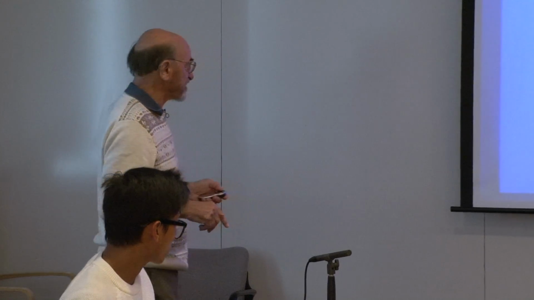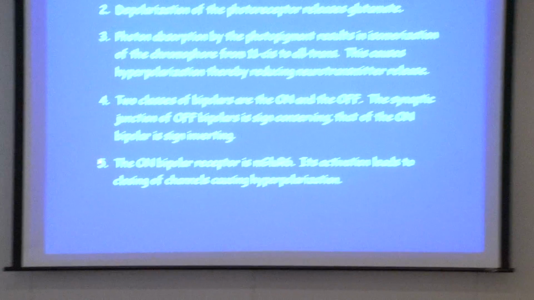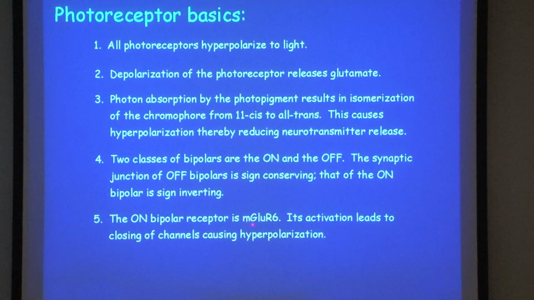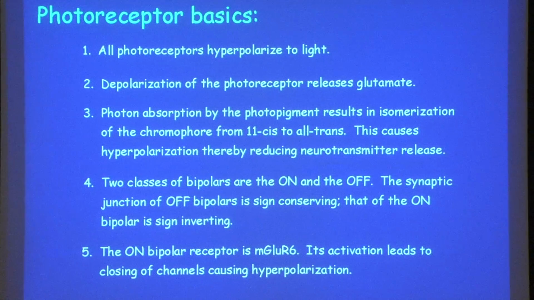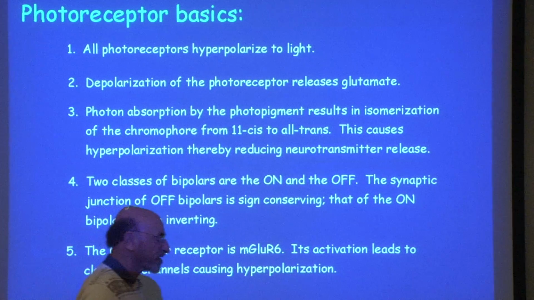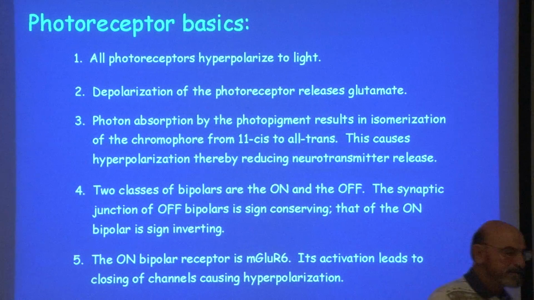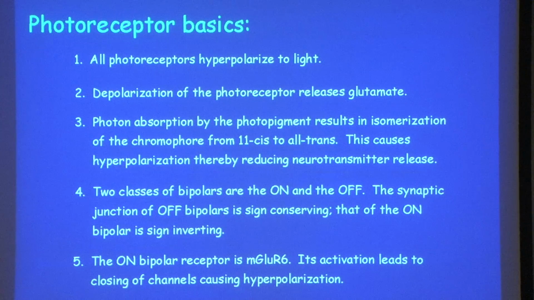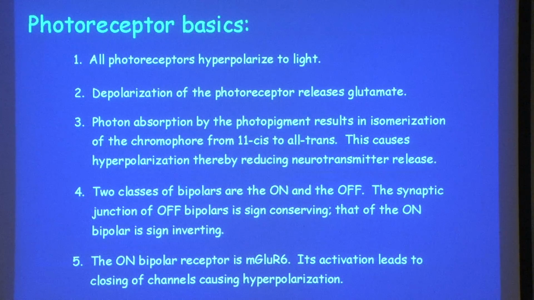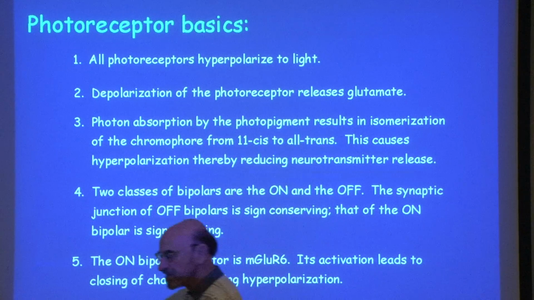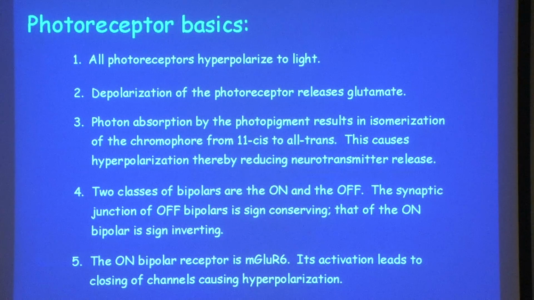Now, yet another fact that is important to remember is that the on bipolar cell receptor is mGluR6. That is a specific molecule that exists in most animals only in the retina. It was created anew in the course of evolution, indicating what a considerable pressure there had to be to have an on system.